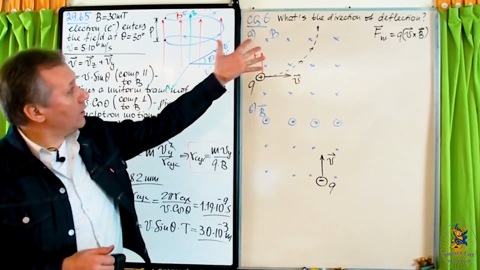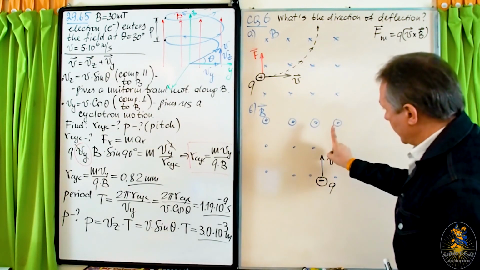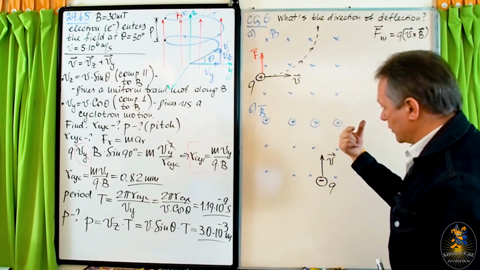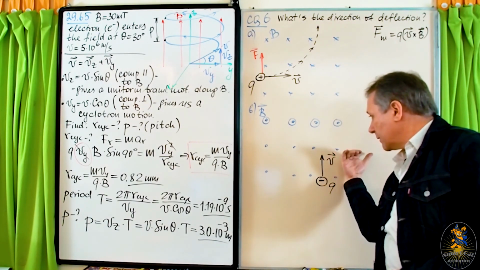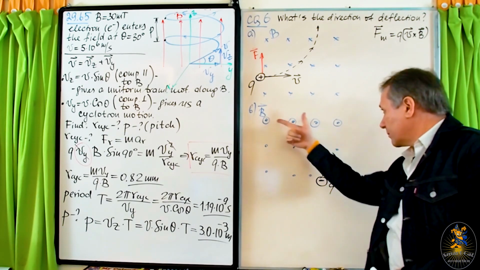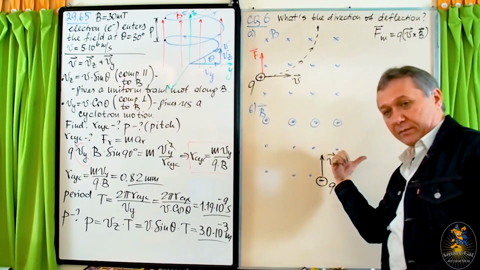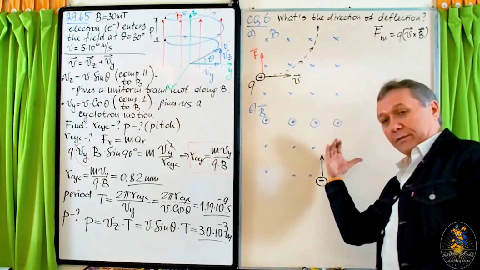Again, the cross product, V cross B. V is up, the magnetic field is out, right? So I have to position my hand like this, along V, and then I can bend my fingers in the B direction. And my thumb gives me the direction of V cross B. So the direction is that.